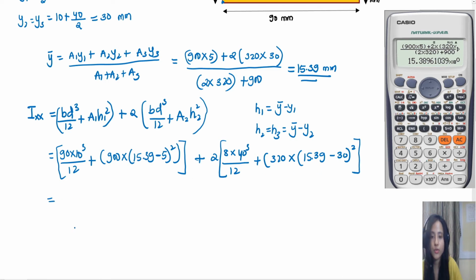I'll first find Ixx2 and 3. I'll do 2 into, okay, bracket open, 8 into 40 cube divided by 12 plus 320 into 15.39 minus 30, square.